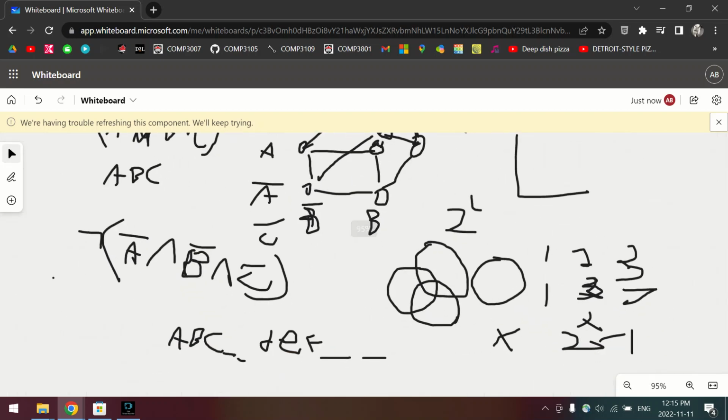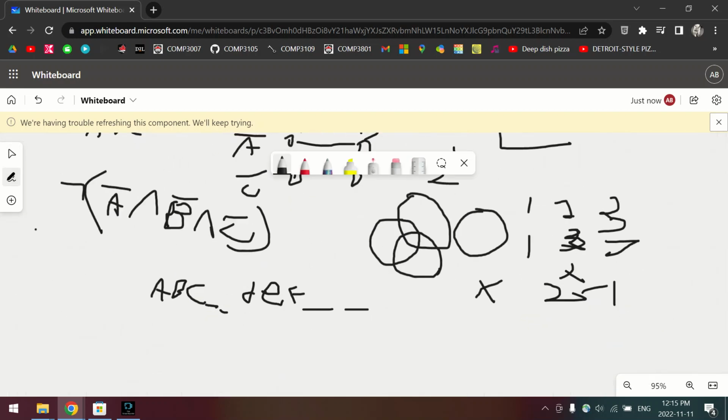So let's write ABC, and then I'll write DEF here, just to keep them in line. We have any values after DEF and ABC before it, any possible combination. We can see that the overlap of these two would be ABC, DEF. So that would be this overlap here.